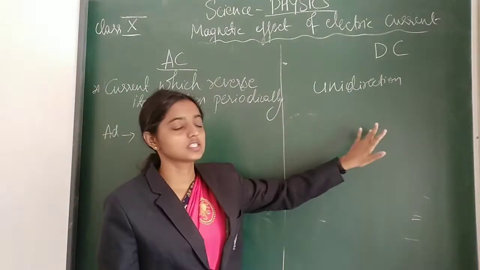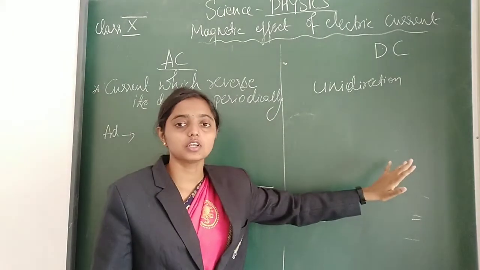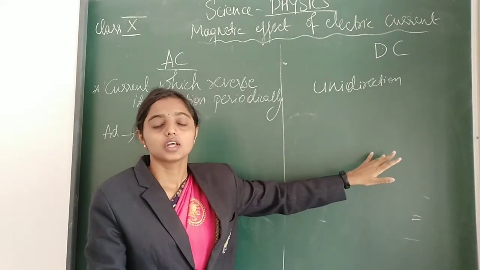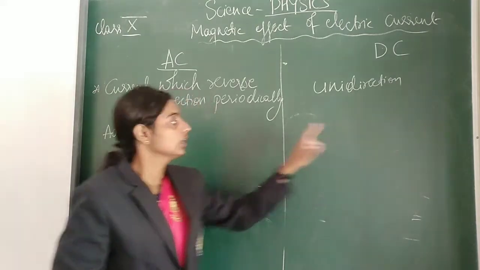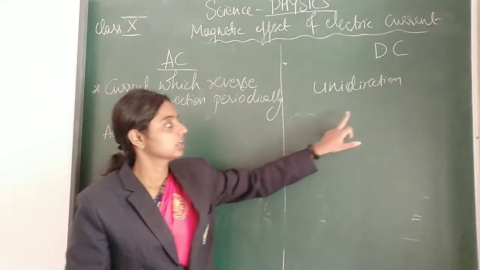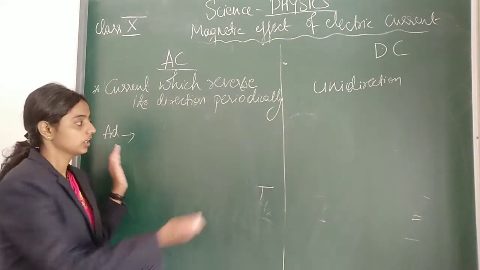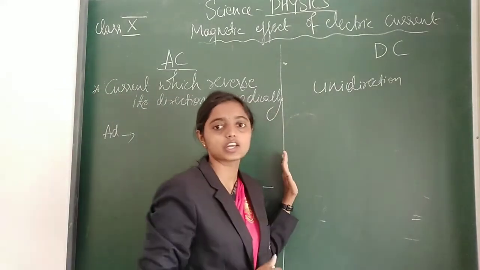But what happens in DC? Direct current cannot be transmitted over a long distance. If transmitted, a large amount of energy will be lost. So it can be easily transmitted and it cannot be transmitted; this acts as an advantage here, and a disadvantage there, right?